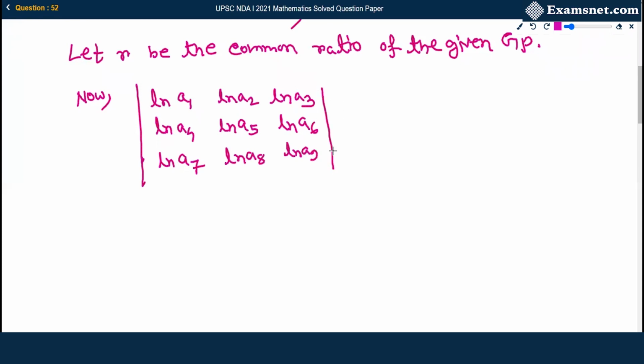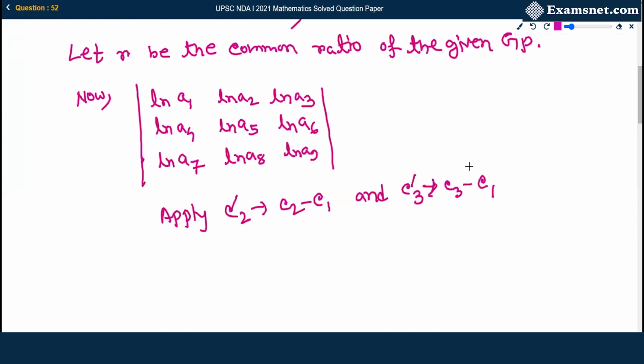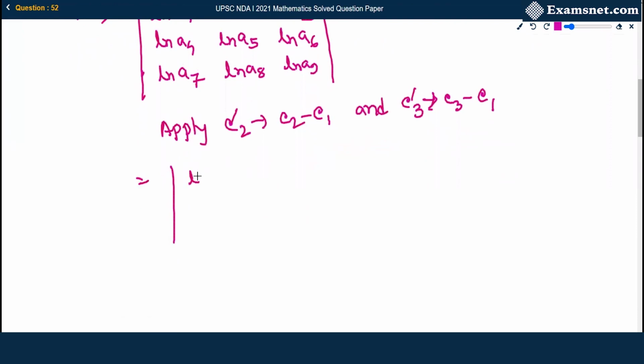We will apply some row or column operations on it. So apply column operations C2 minus C1 and C3 minus C1. So it becomes, first let me write the first column, A1, A4 and A7.